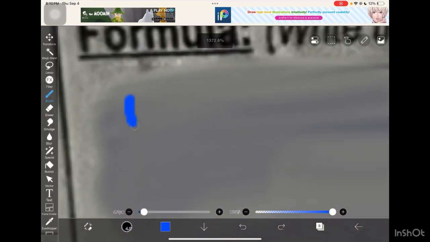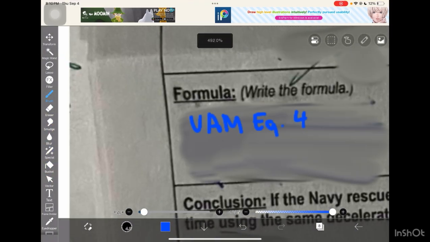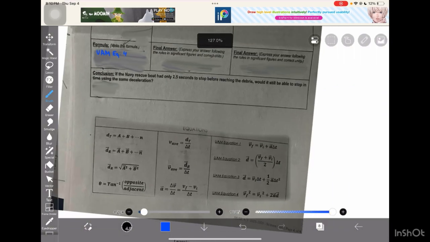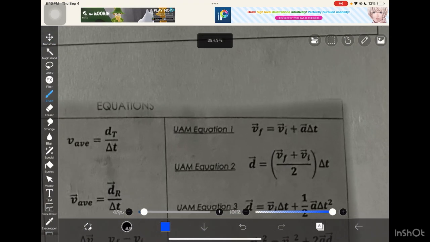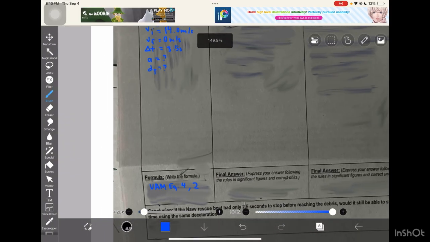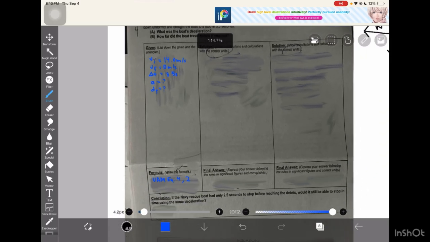I'll just write UAM equation 4 for your reference, because it's a bit too small to write here. And then to solve for distance, we have UAM equation 2. Alright, so we need to find the deceleration first.